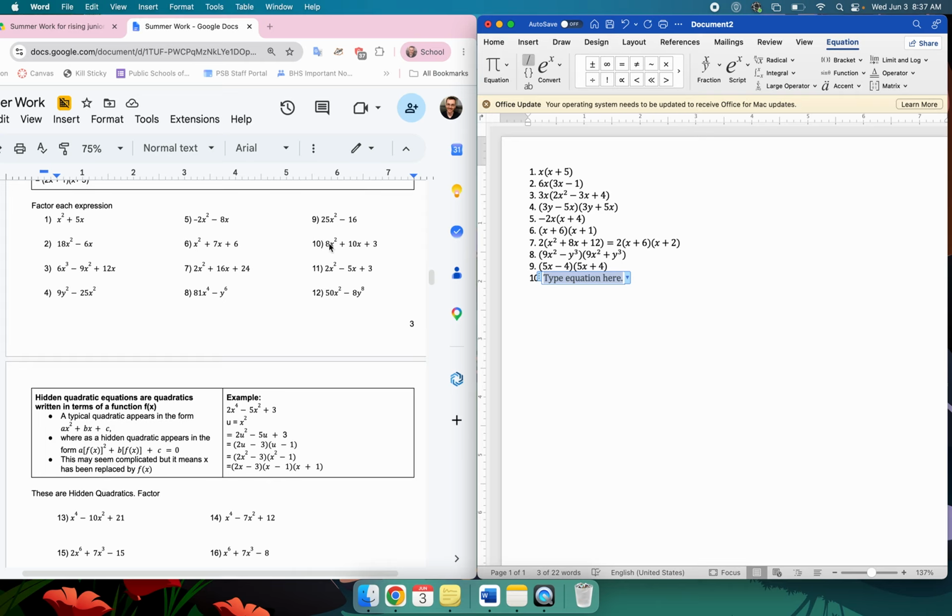First of all, I'm going to look at the product of the first and the last terms. So 8 times 3, that's 24. So I'm going to look for a pair of numbers which multiply to 24 and which add up to this middle term 10.